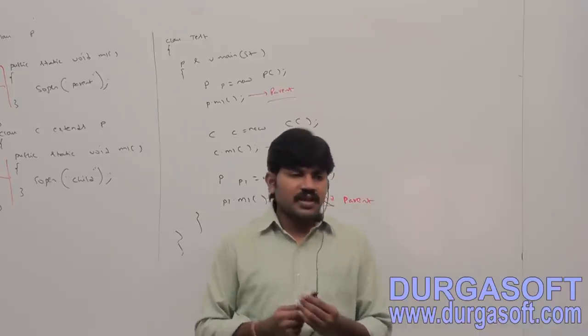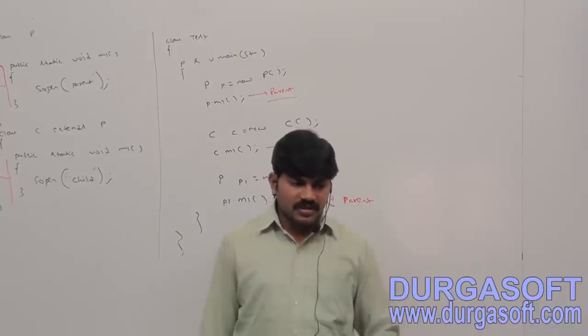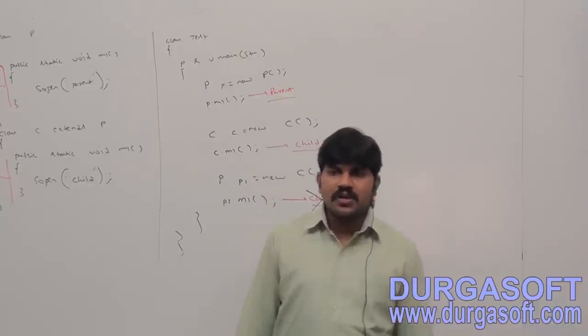All rules of method hiding are exactly the same as overriding, except the following differences.